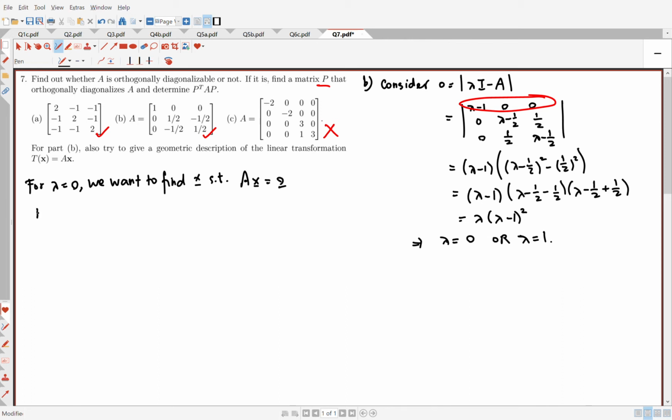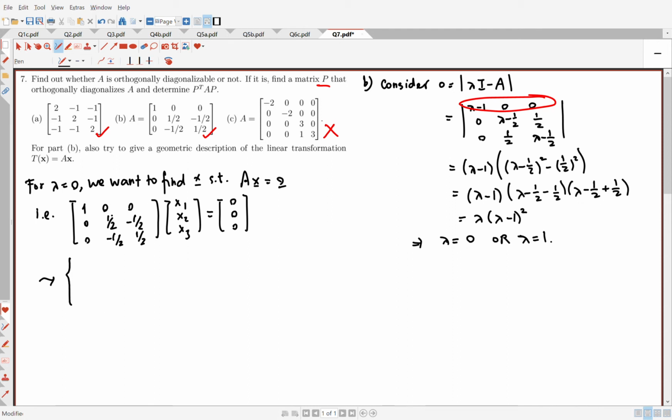In other words, the matrix 1, 0, 0, 0, half, minus half, 0, minus half, half times x1, x2, x3 is equal to 0, 0, 0.